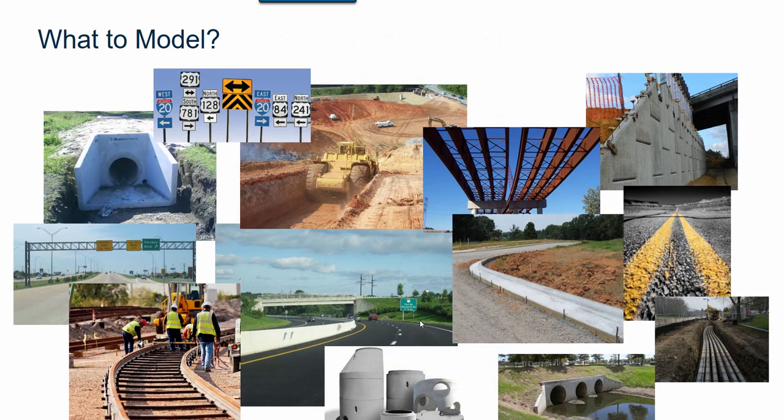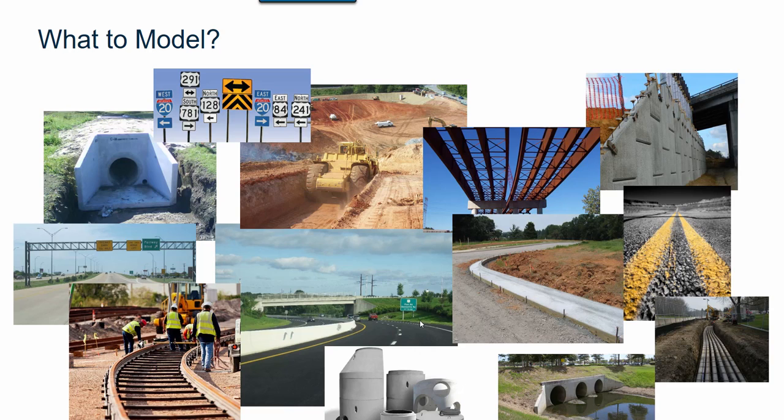Now, as we zoom in a little bit and get more detailed and think about a comprehensive modeling environment in terms of design, a specific project, we always have the question of what are we going to model. In this comprehensive modeling environment, we again have to consider what we need to model. Do we model the roadway? Do we model the bridge, the curb and gutter, the sanitary sewer, the manholes, signage?